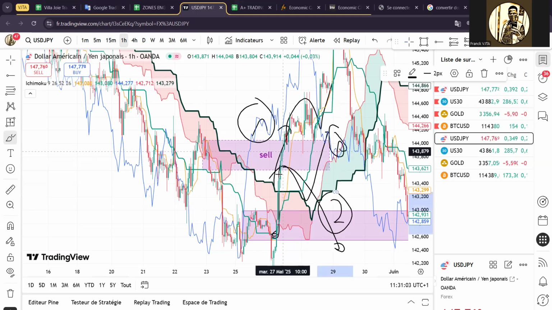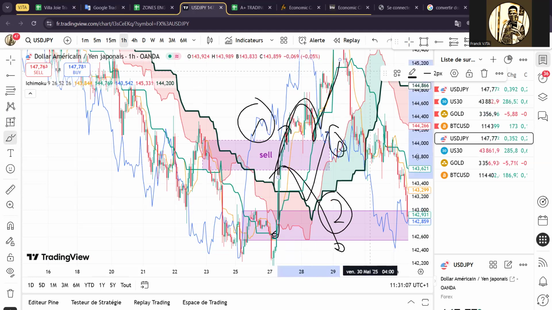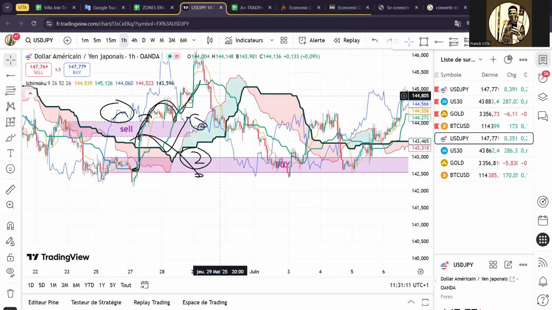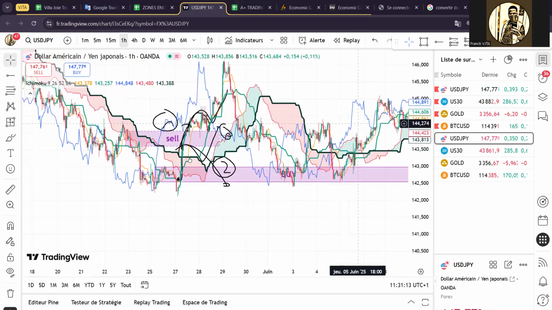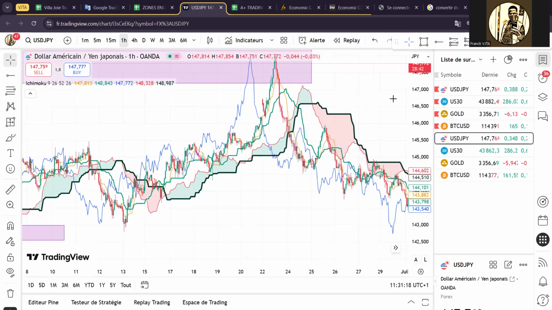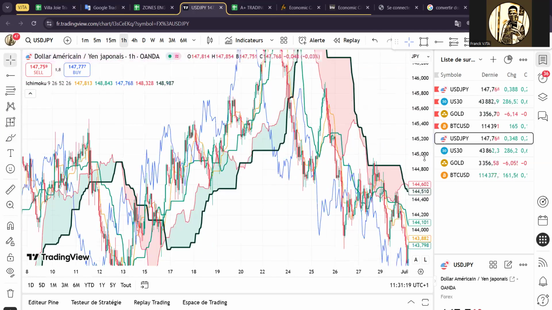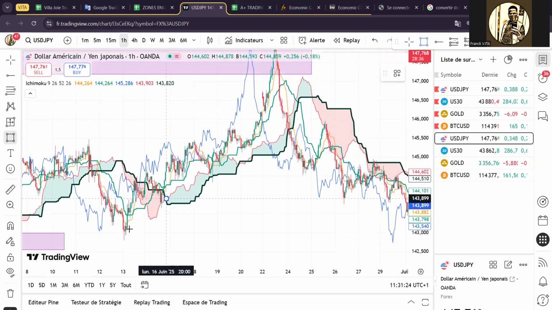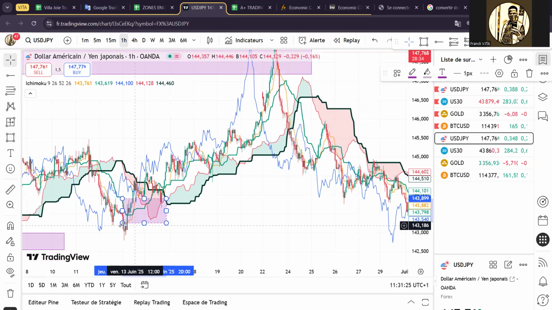So in this case, it passed through, made a rebound on the other side, then continued to the upside. So that's exactly what a minor zone does. Let us look at another minor zone in between this buy, this major zone.